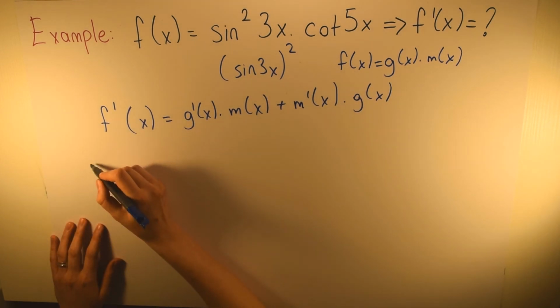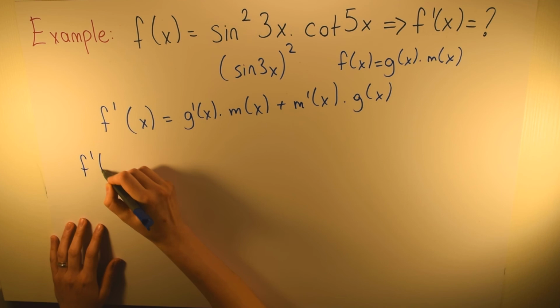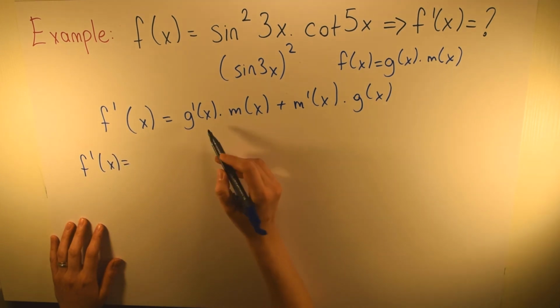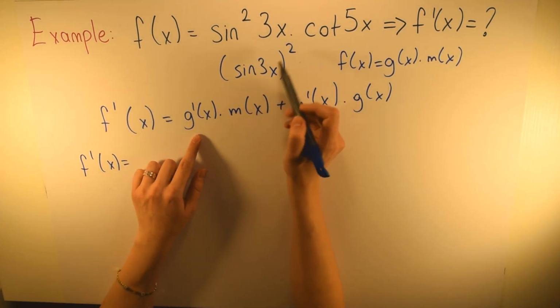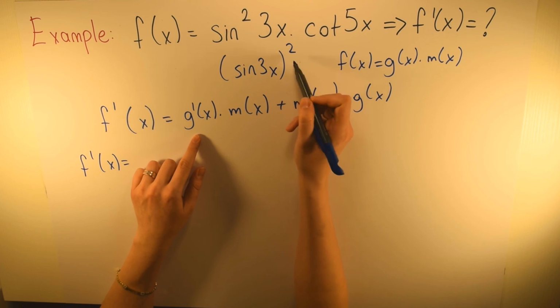Here we have the derivative of f of x is equal to the derivative of the first one, which is sine 3x squared, right?